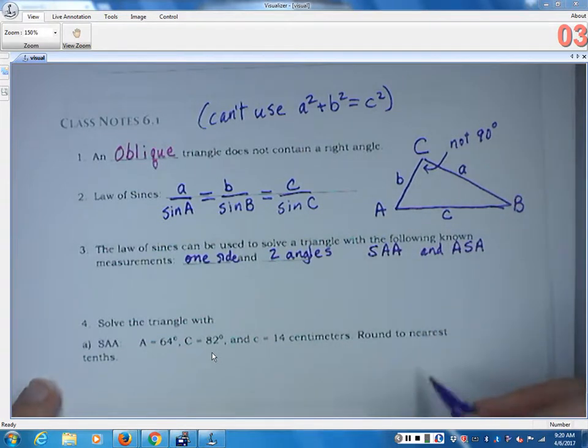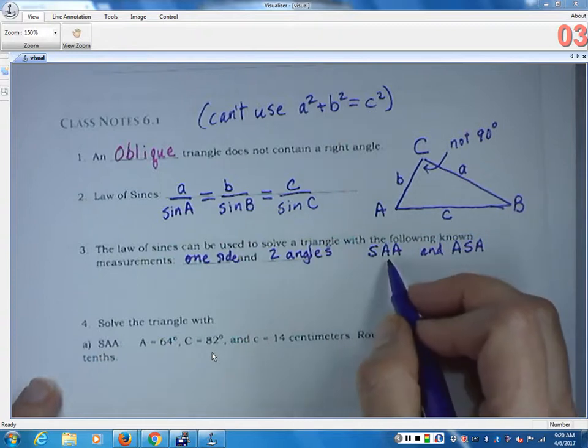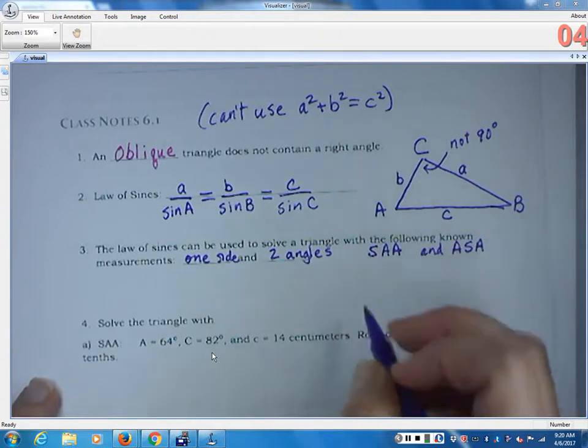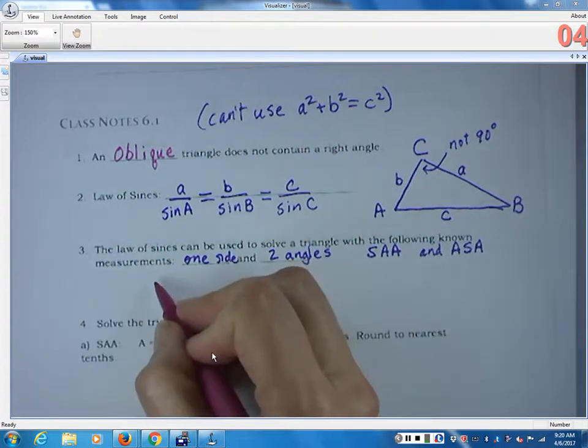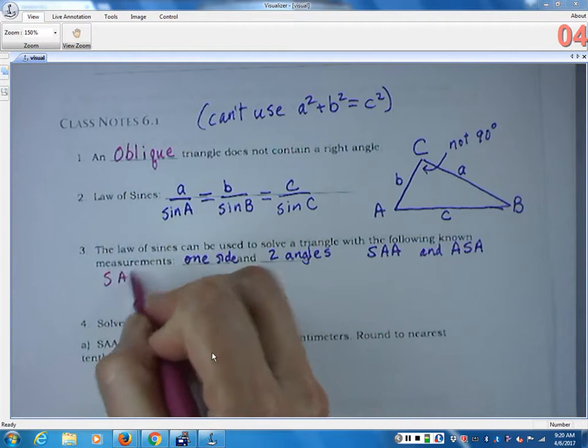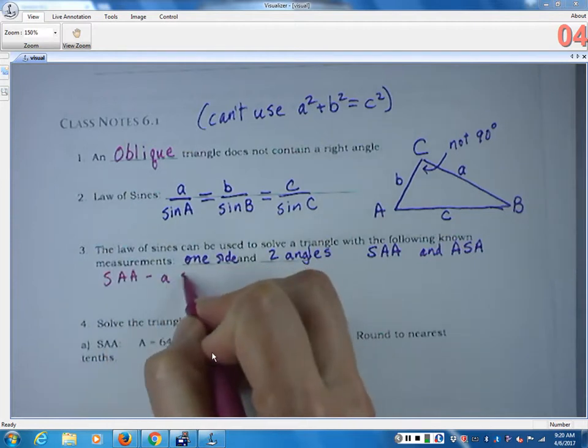So a side and two angles known. Side angle angle is a side and two angles known.